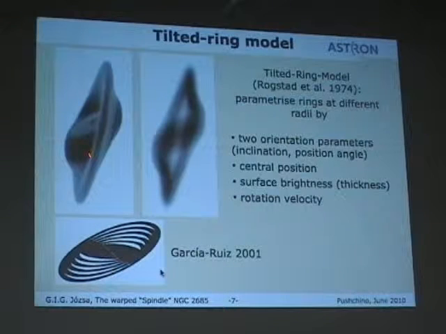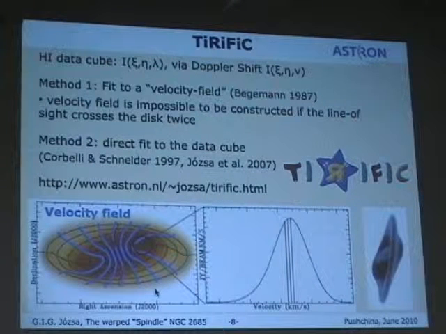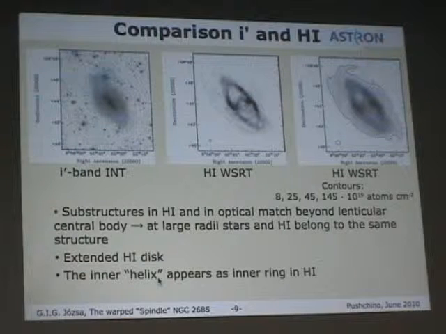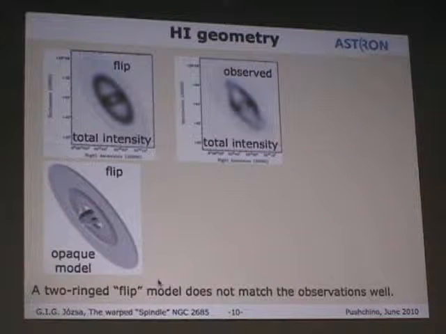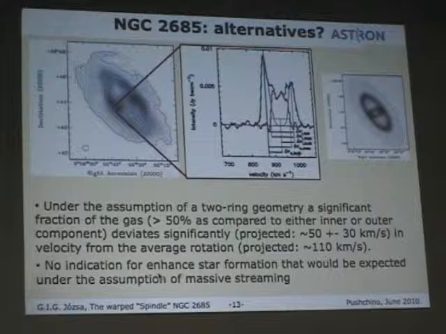We're accustomed to this kind of picture, with information about the spatial distribution. This is the optical image, and this is a high resolution H1 image of such an inclined system. We are going to the problematic zones here.